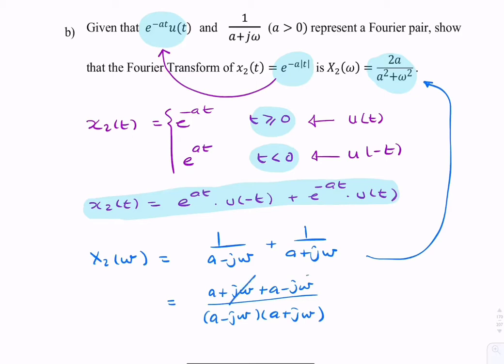So that cancels with that. That gives you 2a over a squared plus omega squared, because these are complex conjugates. So that's the same as the expression we are looking for up there. So that's the answer for part B complete.